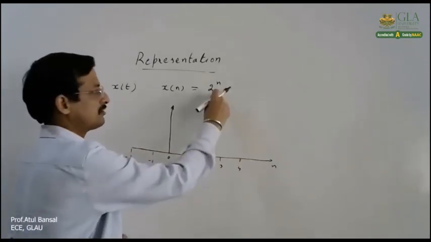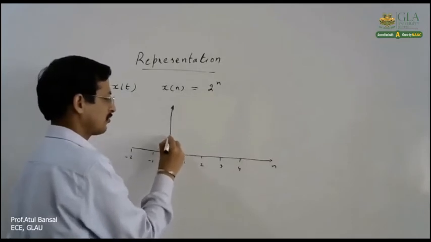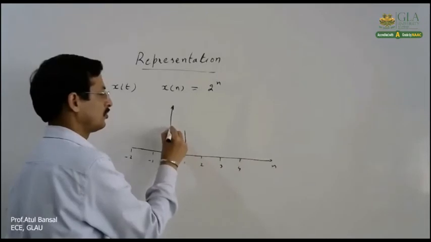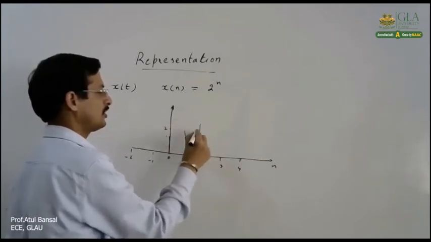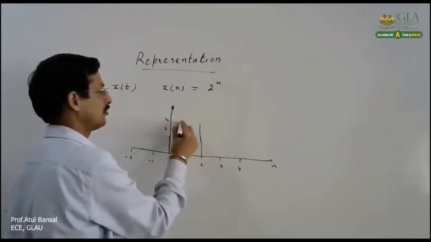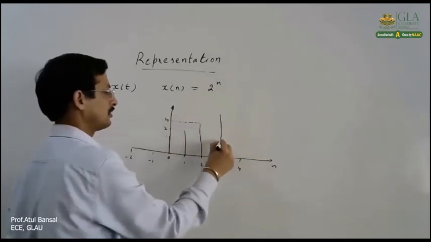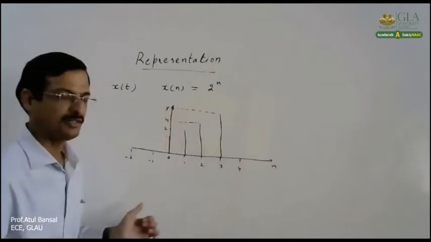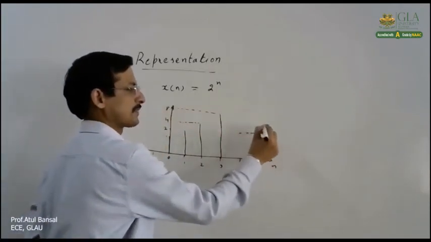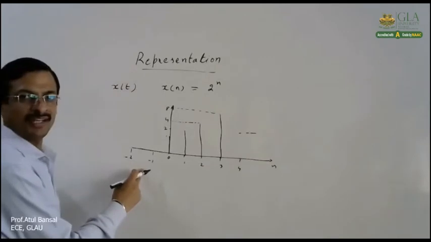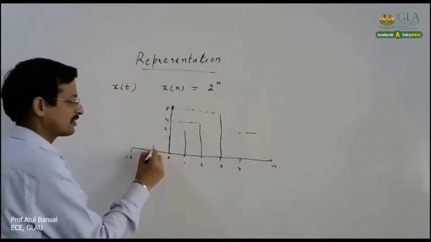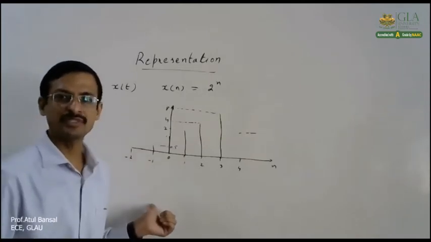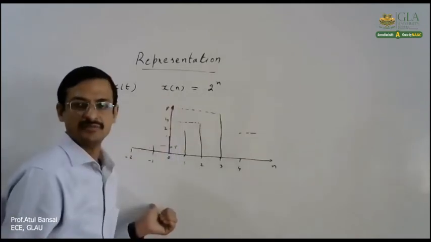So if you put that, 2 raised to power 0 becomes 1, 2 raised to power 1 is 2, 2 raised to power 2 is 4, 2 raised to power 3 is 8, and so on. Likewise, 2 raised to power minus 1 is 1 by 2, that becomes 0.5. So that is a graphical way of representing the discrete time signal.